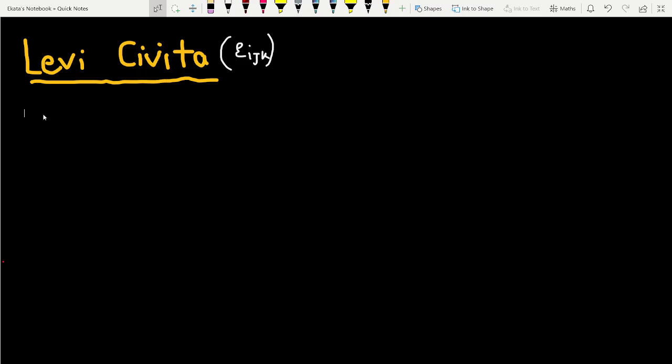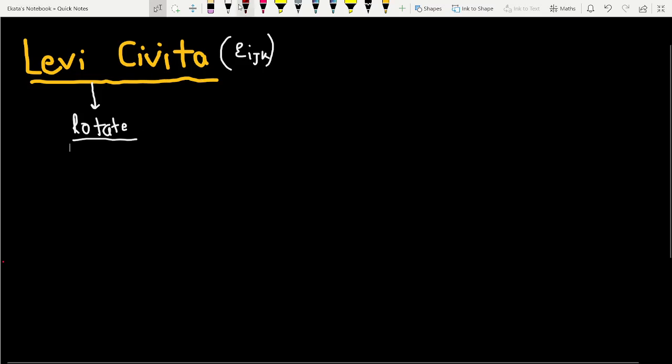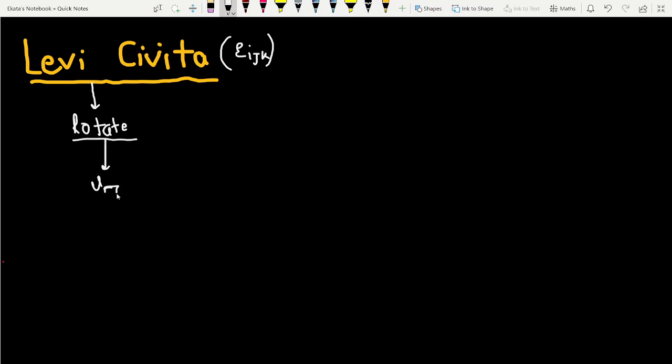The question asked is that we have to prove that when we rotate the Levi-Civita, it is unchanged. It means if we rotate the Levi-Civita, which is a tensor quantity, it remains unchanged.